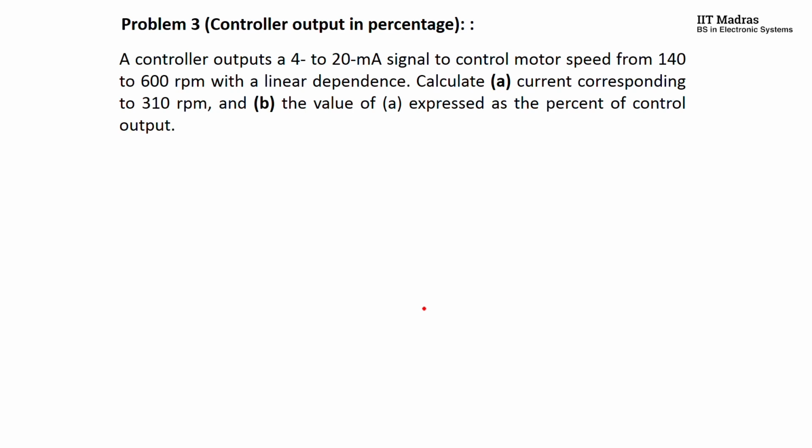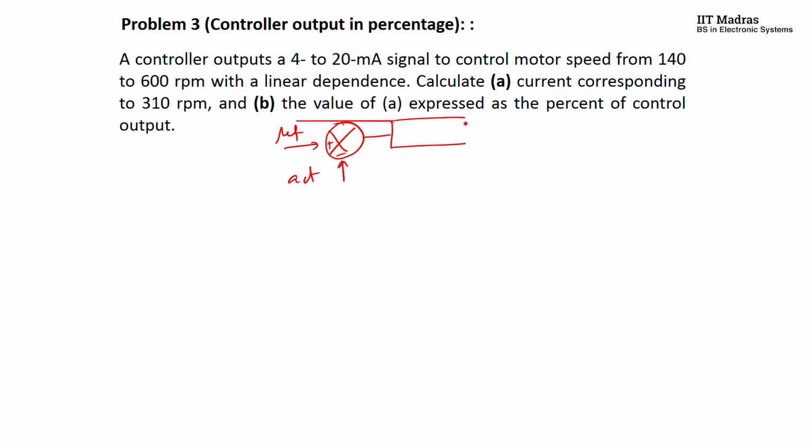Let's try one more problem here before we close this module. You have a system wherein a controller outputs 4 to 20 milliamps to control a motor from speed 140 to 600 rpm, with linear dependence. Let me quickly draw a control loop here. You have the reference and the actual value.